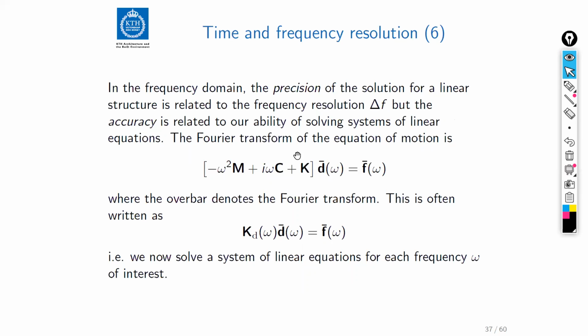So if we rewrite this, the system matrix here, and put it all together as a matrix function of frequency like this, then we see that the Fourier transformed equation of motion has exactly the same form as the static problem that we are so used to dealing with. It's only that all these quantities are dependent on frequency, so we need to solve them for a number of frequencies to be able to do an analysis. But the solution procedure now is that of solving a system of linear equations for each frequency of interest.